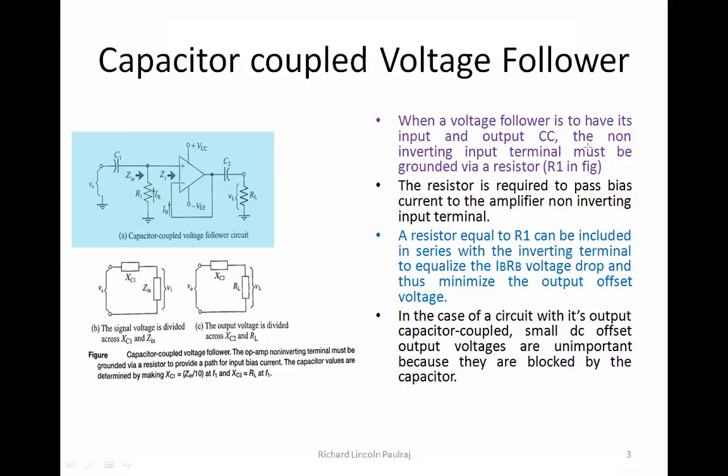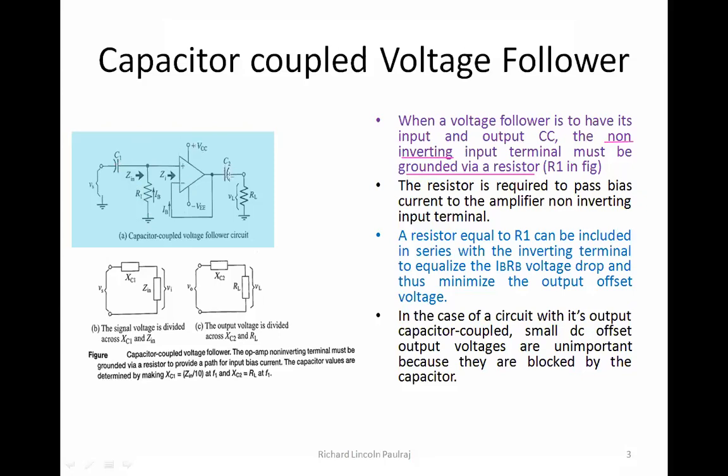When a voltage follower is to have its input and output capacitor coupled, the non-inverting input terminal must be grounded via a resistor. This is the basic rule. You need to have a grounded resistor connected at the non-inverting terminal, if and only if you need to have capacitors at the input and output side.